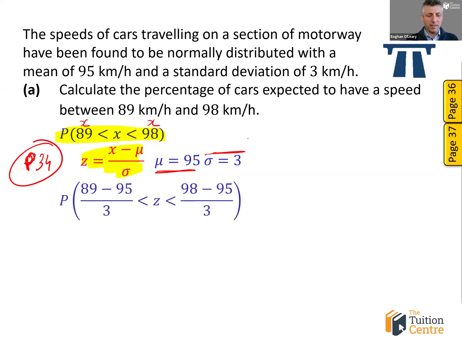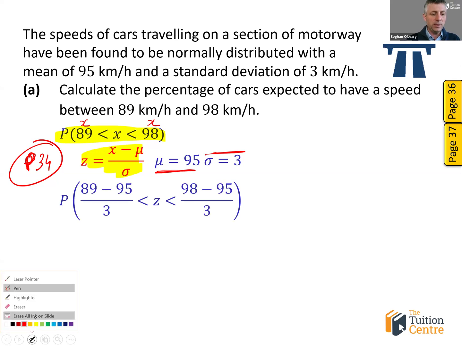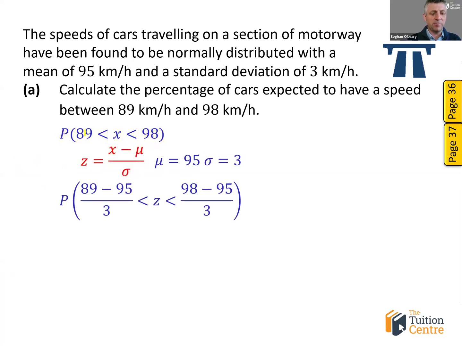So at this point I'm using my formula. I'm finding the probability of having a speed between 89 and 98, but instead of X, I'm going to get Z. So 89 minus 95 over 3 corresponds to my 89, and corresponding to my 98 would be a Z-score of 98 minus 95 over 3.